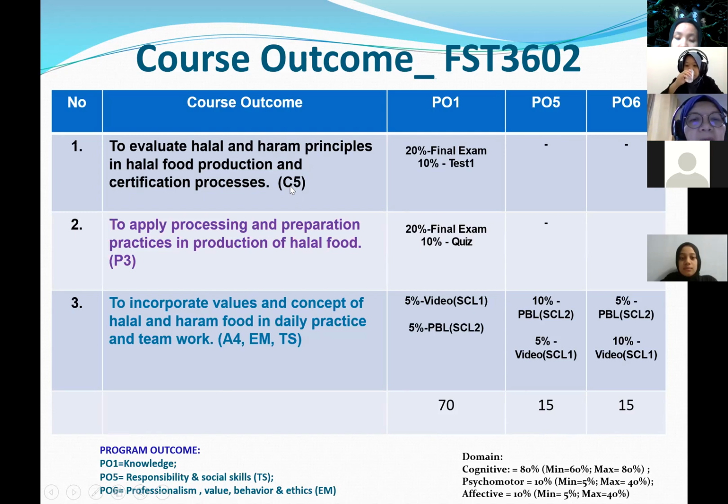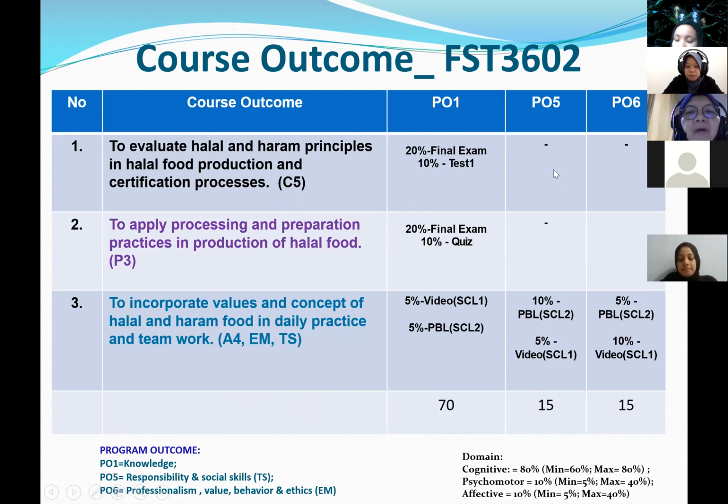C is for cognitive, P for psychomotor, A for affective, EM for ethic and moral, TS for team spirit. So we have to teach the student to achieve this teaching outcome.